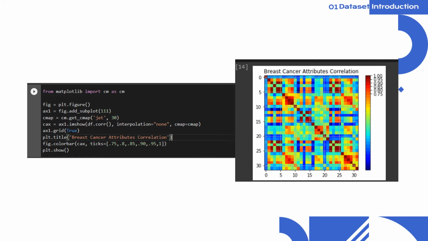Red is the number 1, which is positive correlation, and blue is negative correlation. The yellow and green patches suggest some moderate correlation. This matrix is good for checking the correlation between each attribute, so we included it in our data introduction.